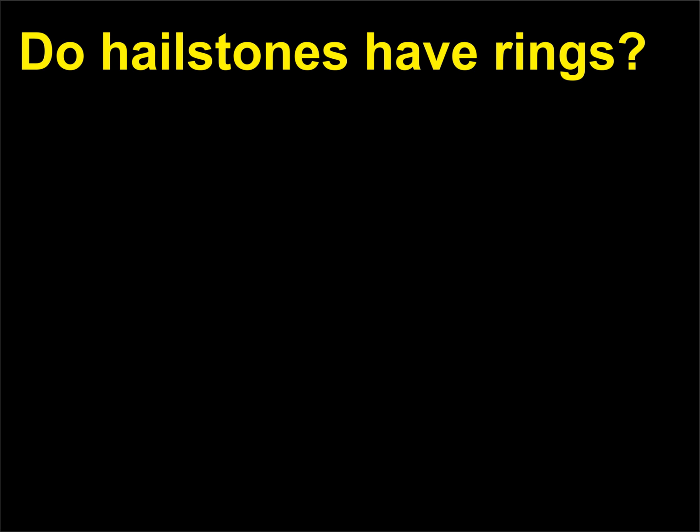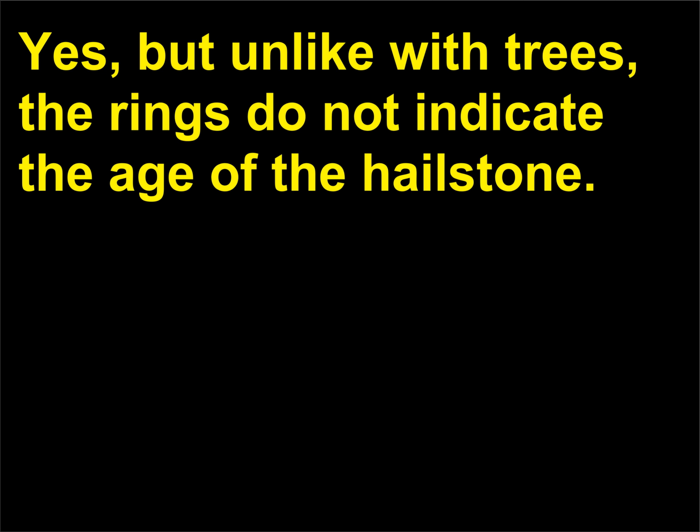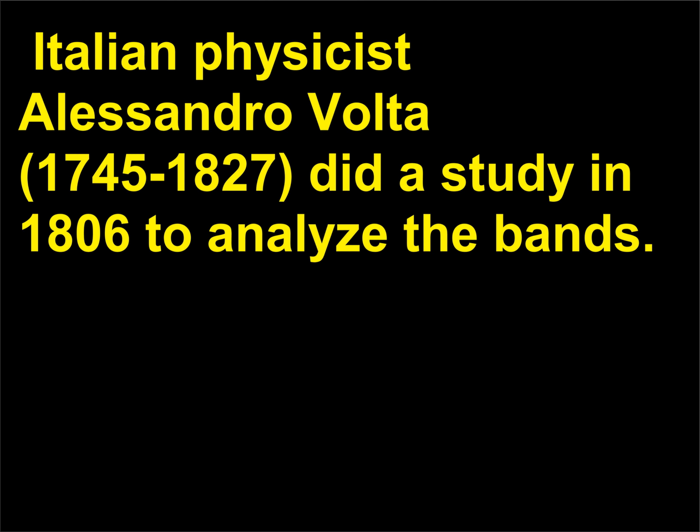Do hailstones have rings? Yes, but unlike with trees, the rings do not indicate the age of the hailstone. Italian physicist Alessandro Volta, 1745 to 1827, did a study in 1806 to analyze the bands.